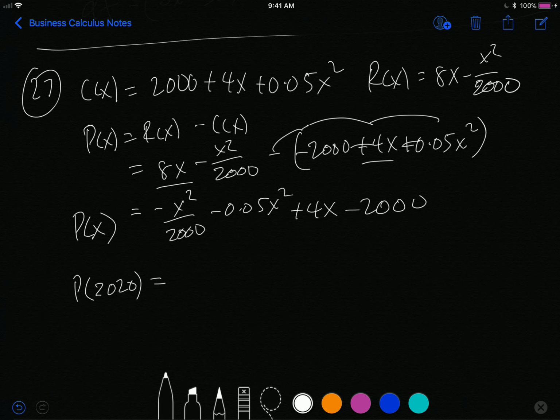Negative x squared divided by 2,000 minus 0.05 x squared plus 4x minus 2,000. And then we plug in 2200. When you plug in 2200, let's try that again.